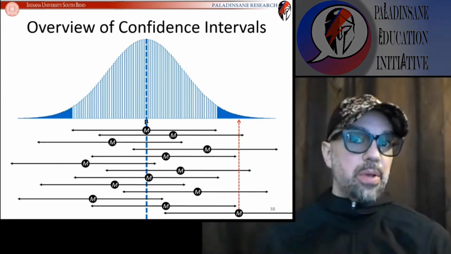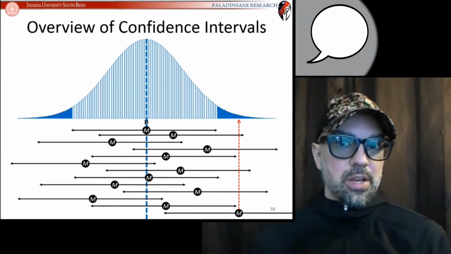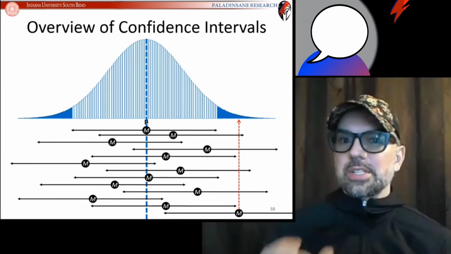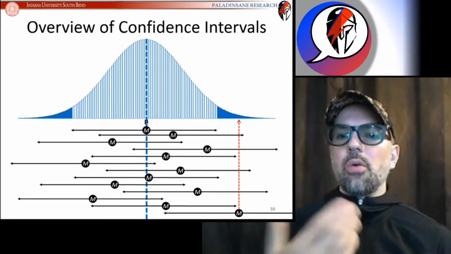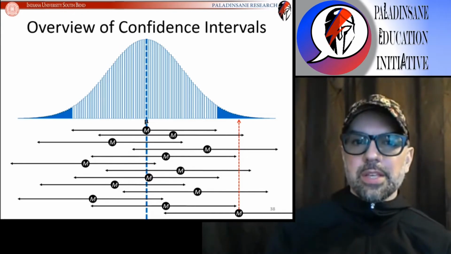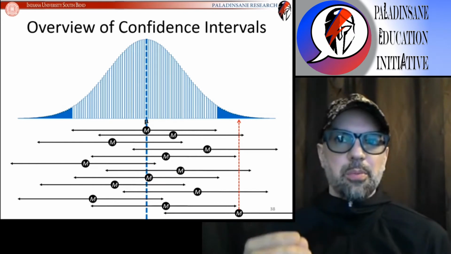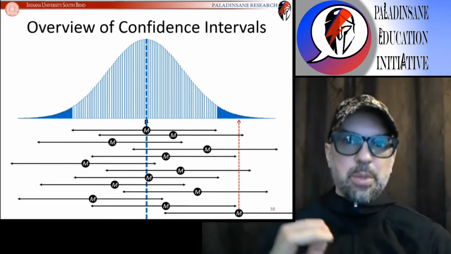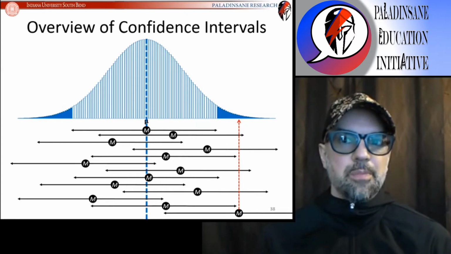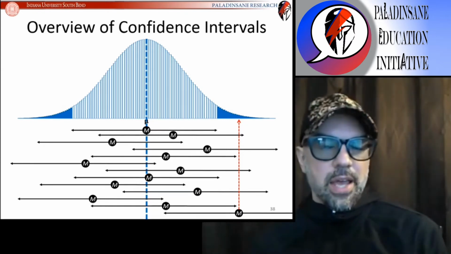And the probability that your sample mean is going to come from the tails is the same as the size of your tails. So the only way that we're going to miss this estimate in this example is if our sample mean came from the tails. 5% of the distribution is in the tails, so we only have a 5% chance of getting a sample that's from the tails.